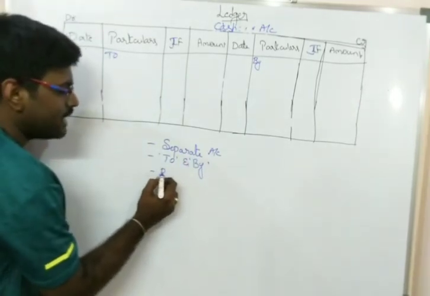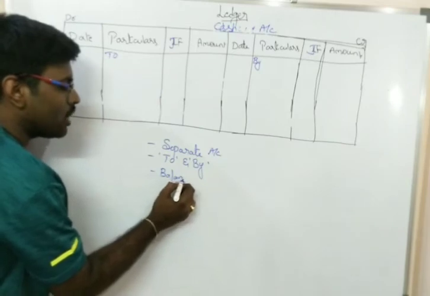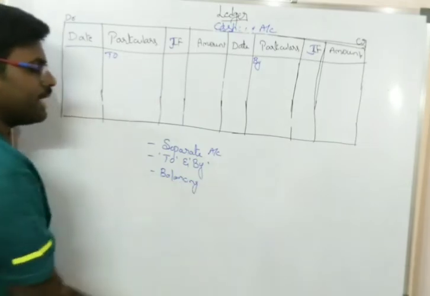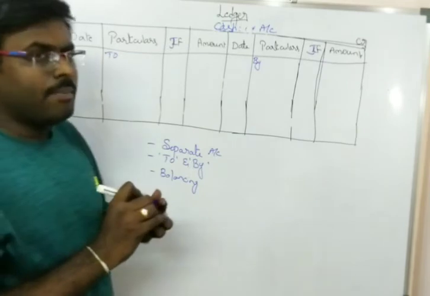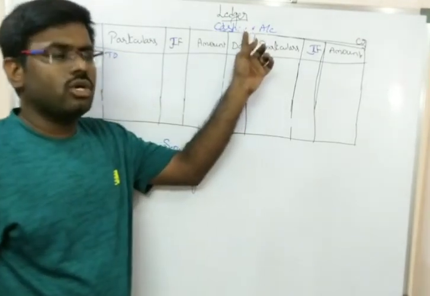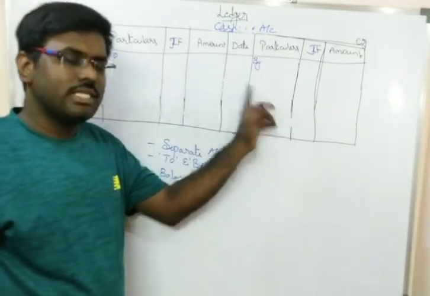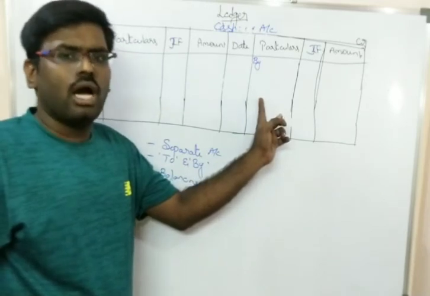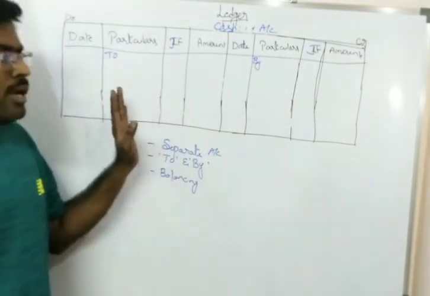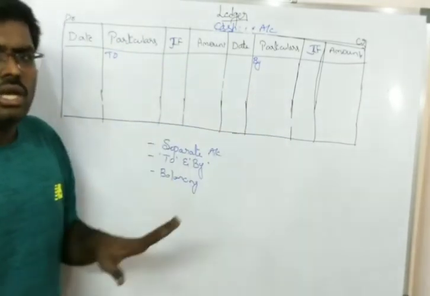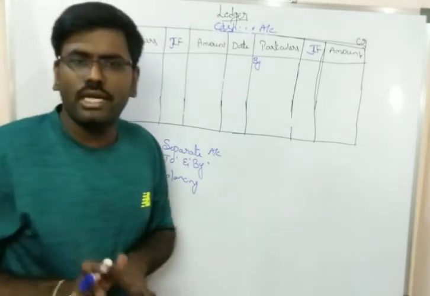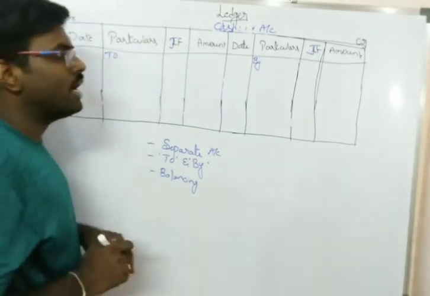And the third one is balancing the ledger account. Here I am taking the example of the cash account. Once all the transactions, that is all the entries of the cash account, have been recorded on both the debit and credit side, and there are no more cash account entries in the journals, what do we have to do?